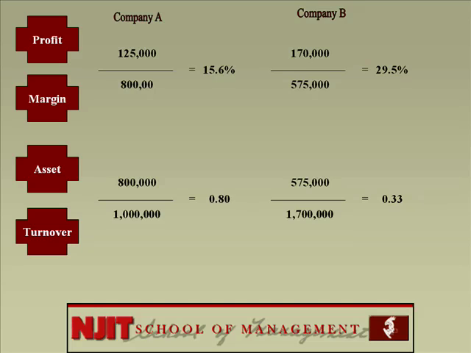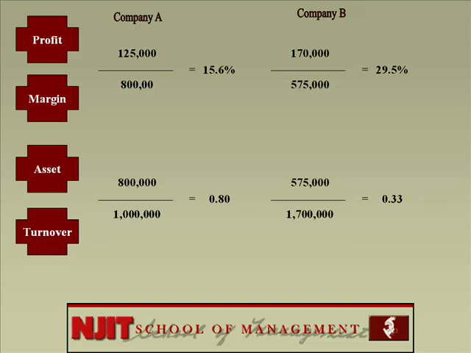So why is their overall performance lower than A's? If you look at asset turnover, A is 0.8. What does this mean? This means that every dollar of asset generates 80 cents worth of sales. For B, it's 0.33.